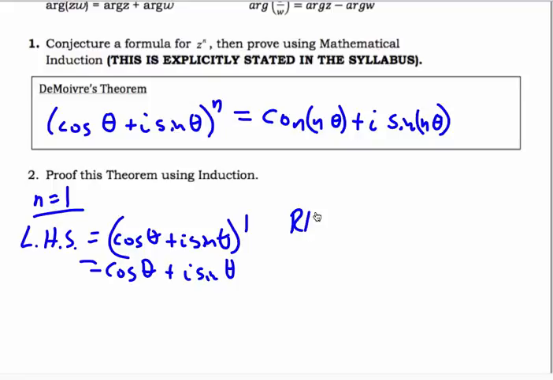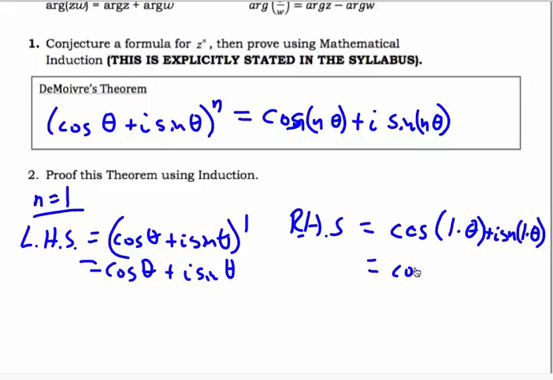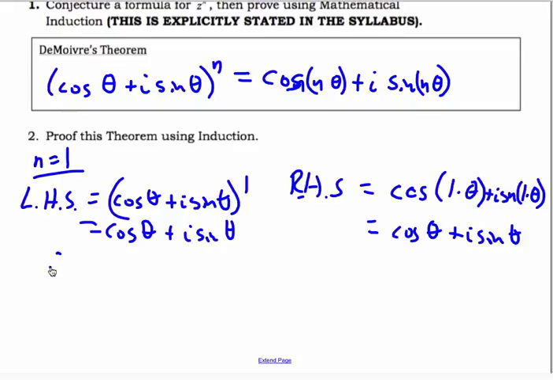The right-hand side will be equal to cos(1·θ) + i sin(1·θ), which equals cos θ + i sin θ. So they're the same, therefore the result is true for n equals 1.